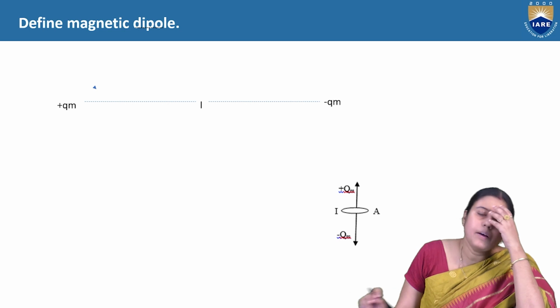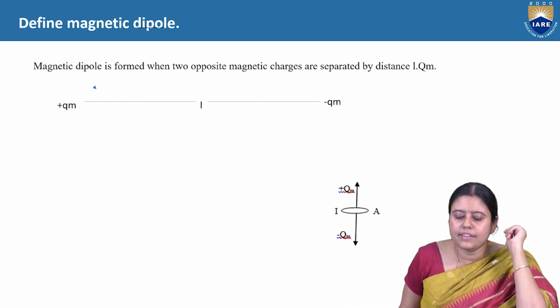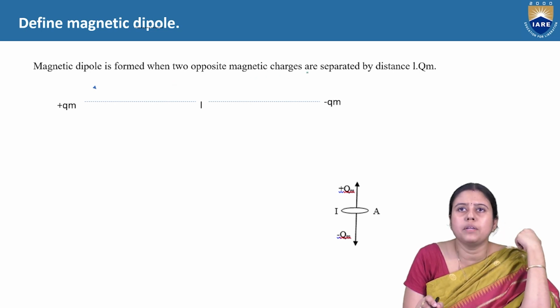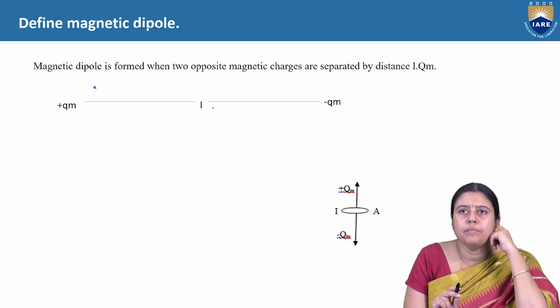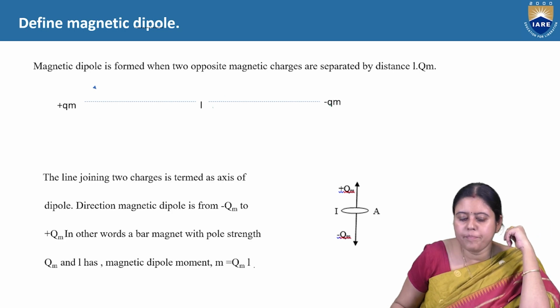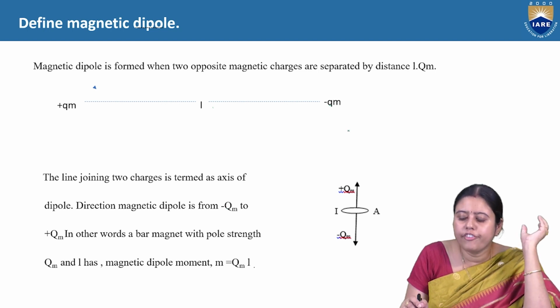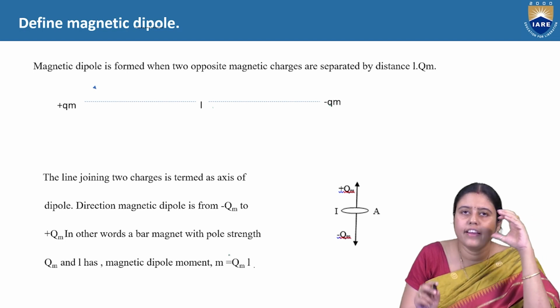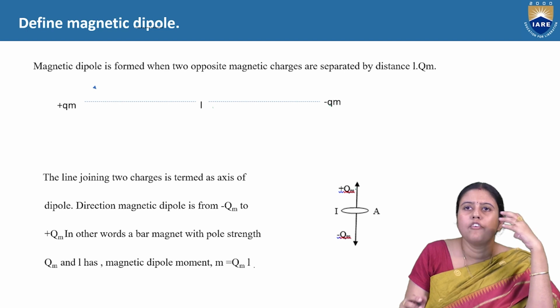Next, define the magnetic dipole. A magnetic dipole is the same as an electric dipole. A magnetic dipole is formed when two opposite magnetic charges are separated by L meter. In that case, they have the same field strength but in opposite directions, and it gives a couple.